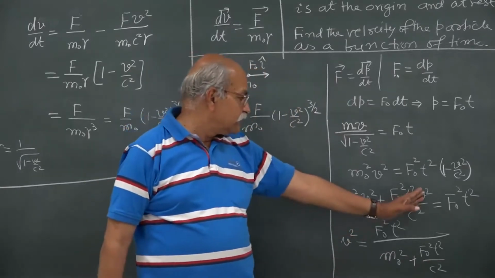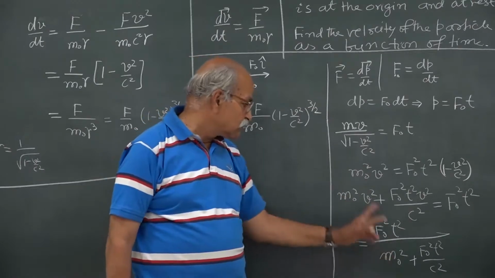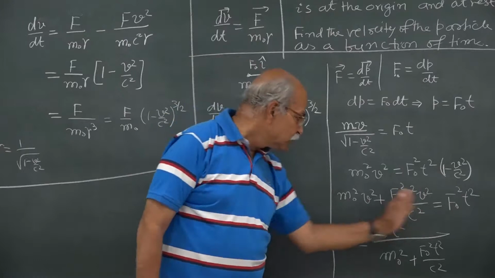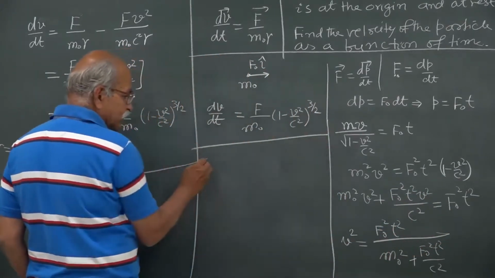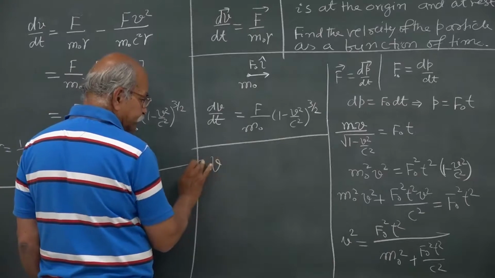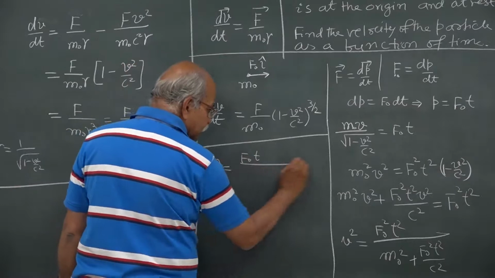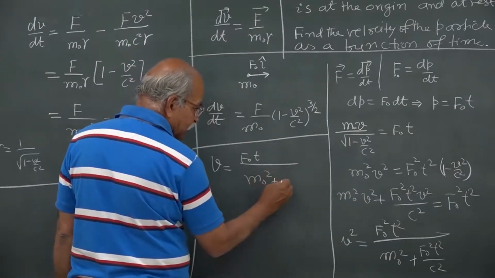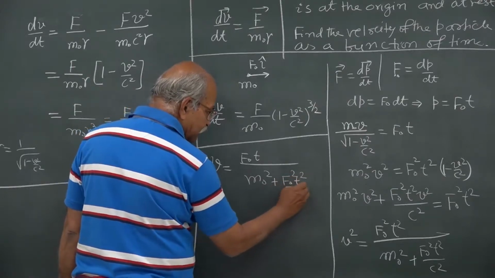I have taken v square common, and then in the bracket I will have m naught square plus F naught square t square by c square, which goes to the other side. So, what is v? v is equal to F naught t divided by the square root of m naught square plus F naught square t square divided by c square.